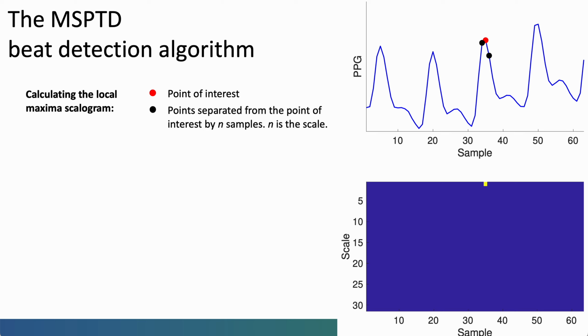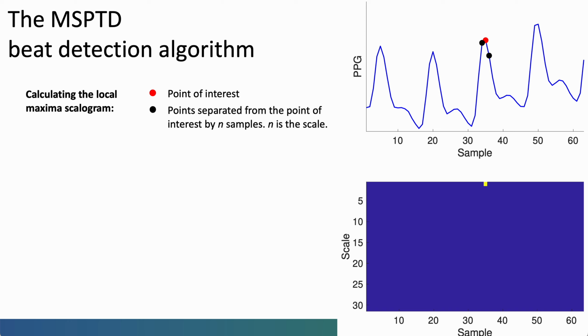So how does the MSPTD beat detection algorithm work? Well, it works by calculating a local maxima scaleogram, which is shown in the bottom right of this image. And for each point on the PPG signal, for instance, the red point of interest, it does this by comparing that point to its neighbours, the two black points either side, and asking whether or not it's higher than those two points.